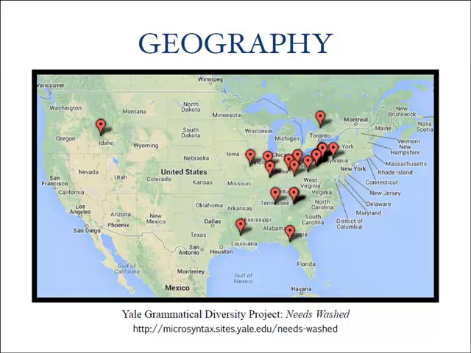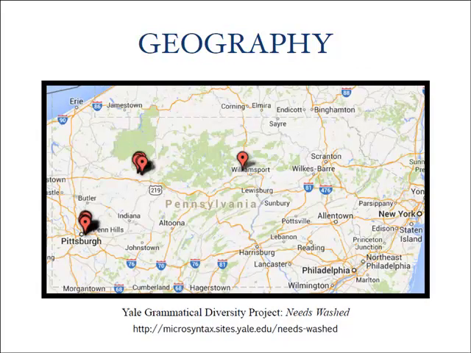But that's kind of the epicenter where you find it. So this is a close-up of the same map of Western Pennsylvania. So you can see Pittsburgh over there. There are several points kind of all on top of each other. There's another little cluster over there. So Western Pennsylvania seems to be where you definitely get this, at least in American English.